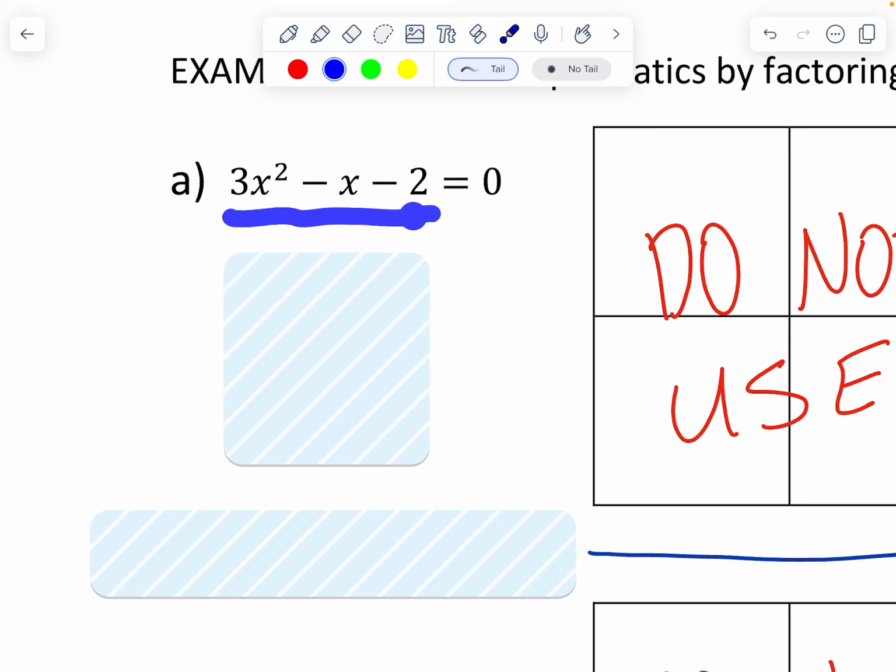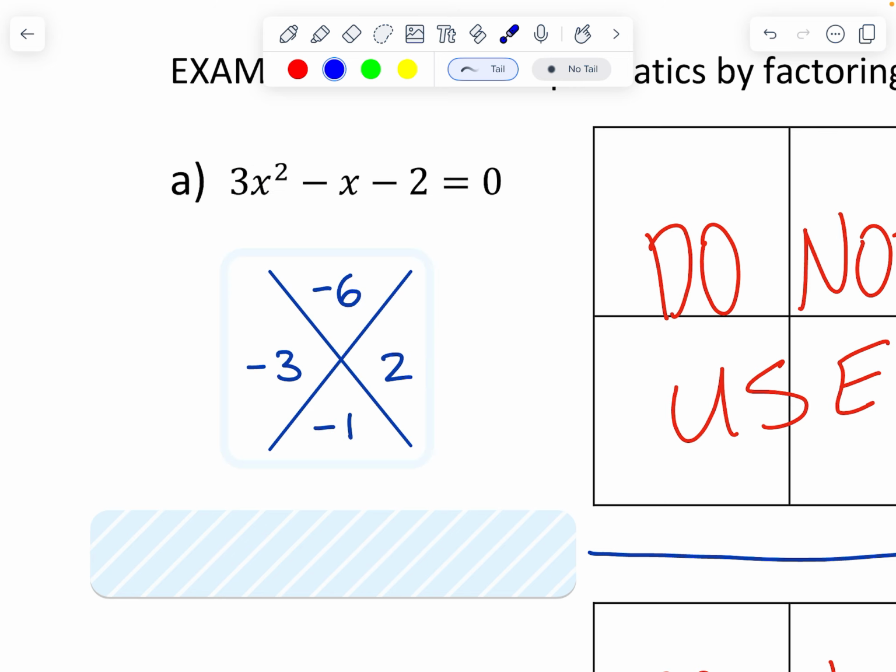First, I need to factor, right? So we're going to factor using the x and then splitting the middle. I'm looking for two numbers that are going to multiply to a times c, so that'll be -6, and add to -1. They multiply to a times c. They add to -1. That's going to leave only one option.